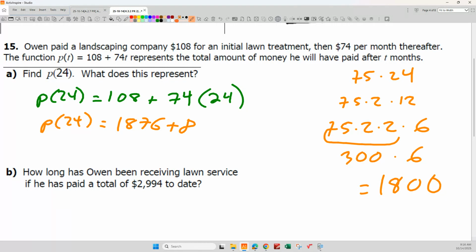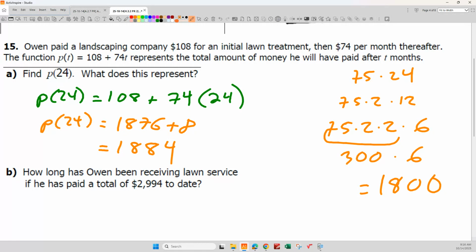What is that? 1884. There you go. So what's that tell us? Let's not get lost in the mental math here. What did we just do? What's P of 24 again? Oh, how much he paid after 24 months. Okay, good.